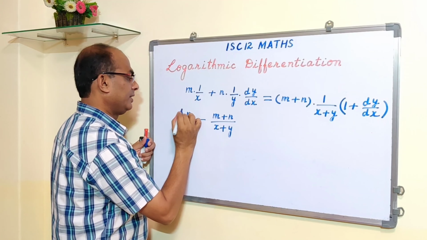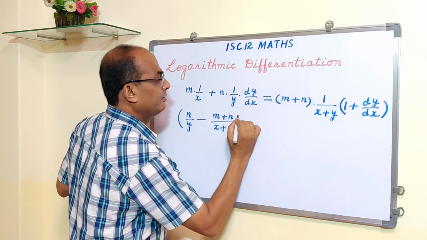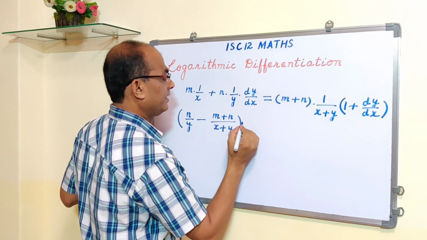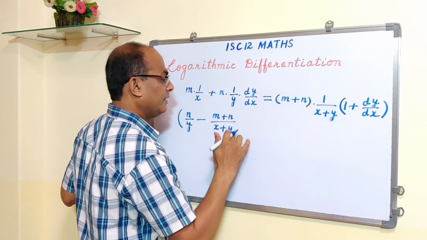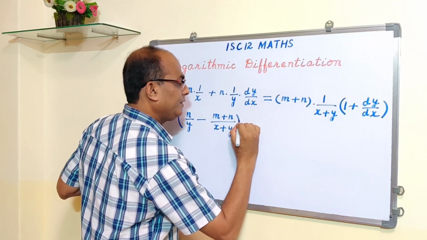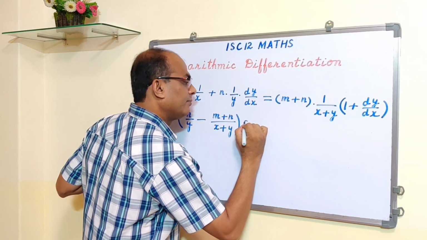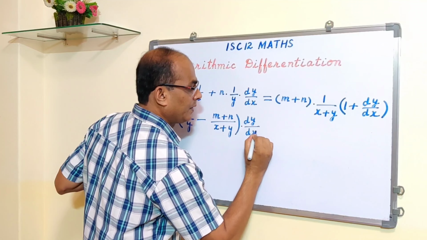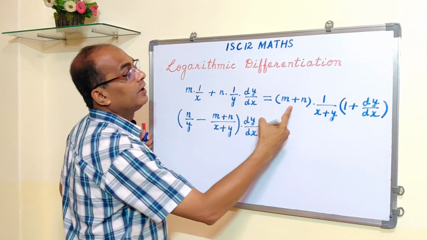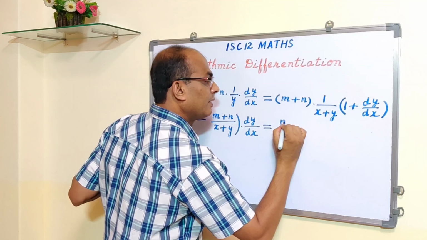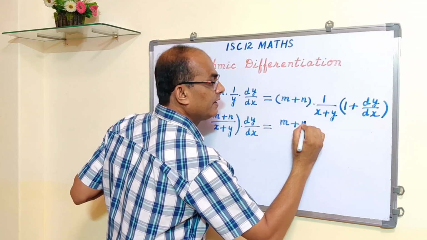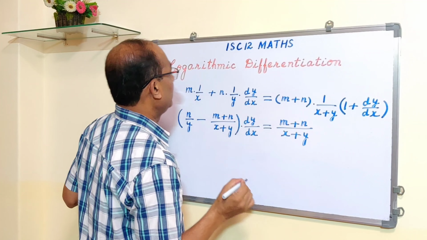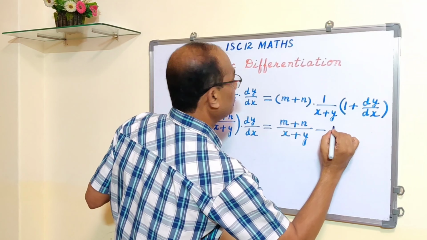I am taking common dy upon dx, into dy upon dx, is equal to, now this into 1 is same, m plus n, m plus n and whole divided by x plus y. And this comes this side, minus m upon x.